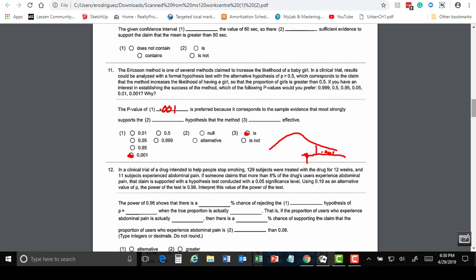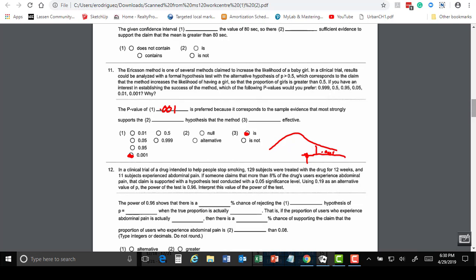Now that's the tricky part here. The results could be analyzed testing the alternative hypothesis. So we're testing to see if p is greater than 50%, which supports the claim that the method increases the likelihood of having a girl, so that the proportion of girls is greater than 0.5. If you have an interest in establishing the success of the method, then which would you use?